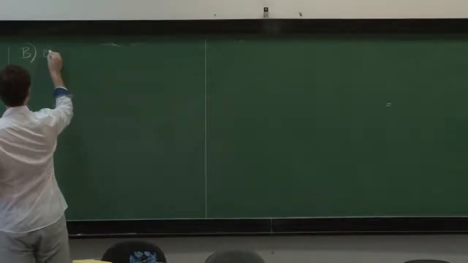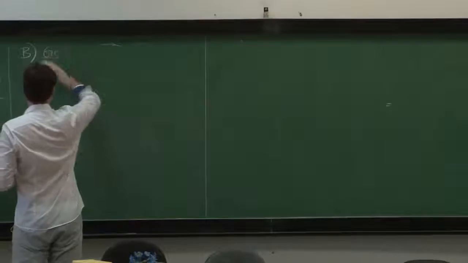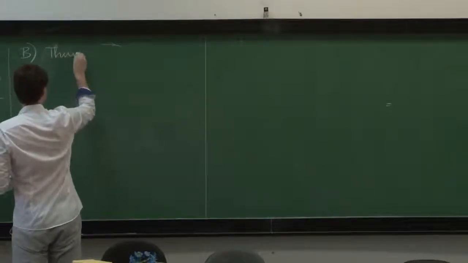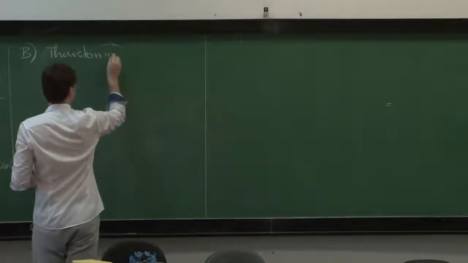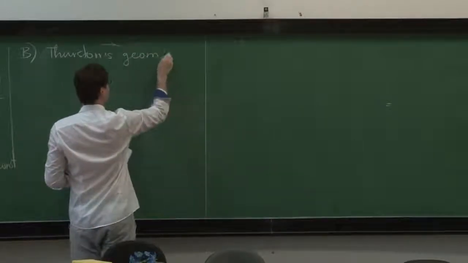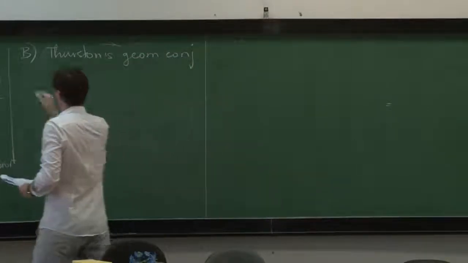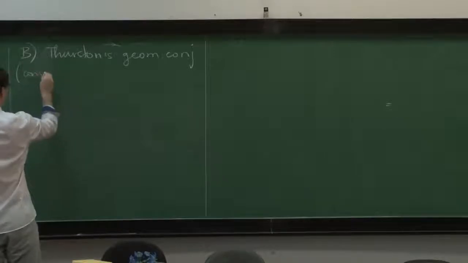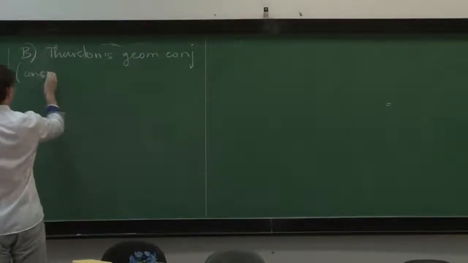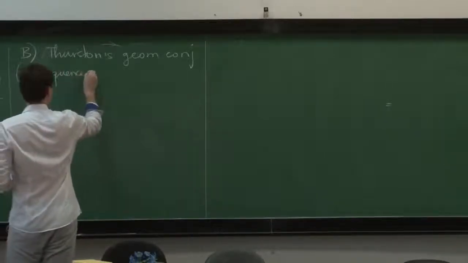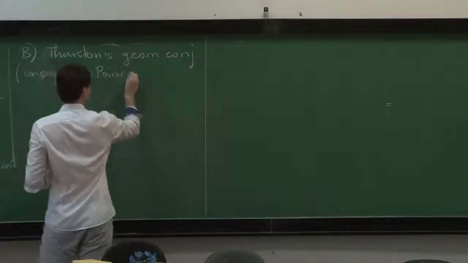Second, the geometrization conjecture, or Thurston's geometrization conjecture. Again, I will only write out the consequence, and the consequence is the Poincaré conjecture.